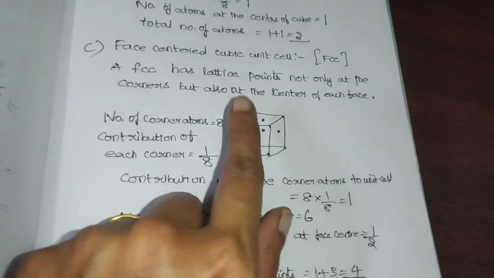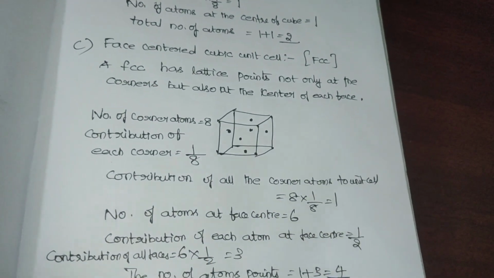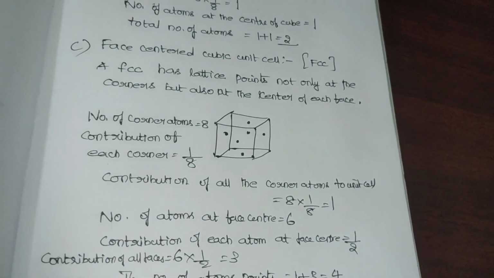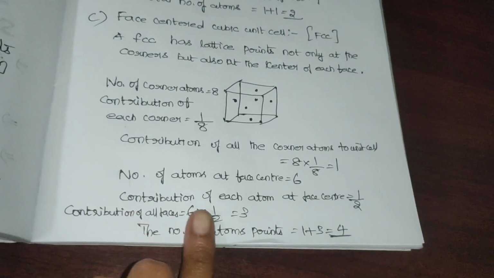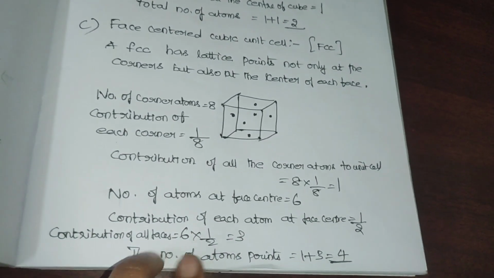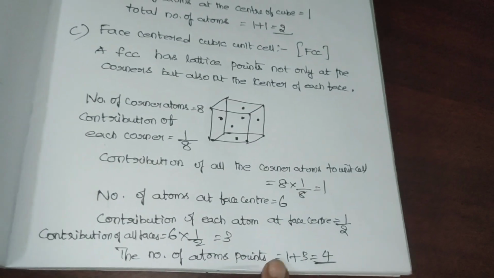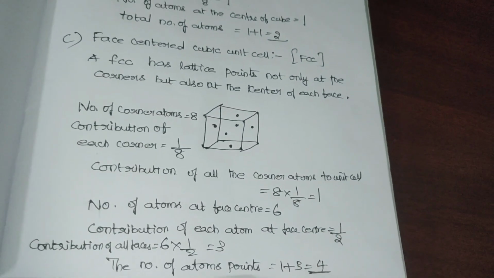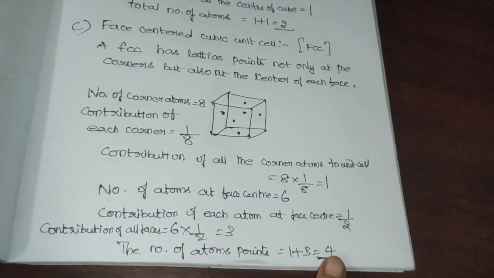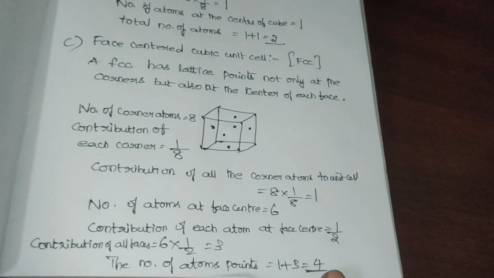So there are 6 faces, and so 6 atoms. The contribution of each atom at a face center is half, so the contribution of all the faces is 6 into half, which is nothing but 3. So the total contribution at the corners, 1, plus this 3, is 4. So the number of atoms present in a face-centered cubic unit cell is 4.